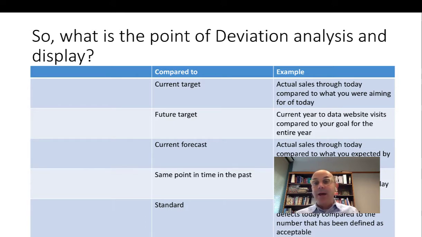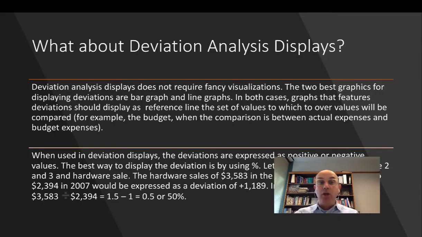Future target is the current year of the data, website visits compared to your actual goal, or the current forecast, the actual sales compared to what you expected, or this same point in time in the past, or the standard, which is, for example, the number of manufacturer defects compared to the number that has been defined as acceptable. Those are the things that, according to our textbook, we use deviation analysis for, in order for us to be more specific, more targeted towards what we are aiming to do.